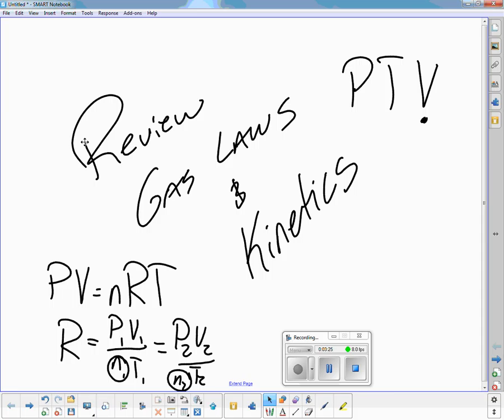Now there are two other laws that don't have anything to do with PV nRT. Dalton's law: all the little pressures added up equal the total one. We usually use it in lab by catching gas bubbled through water.